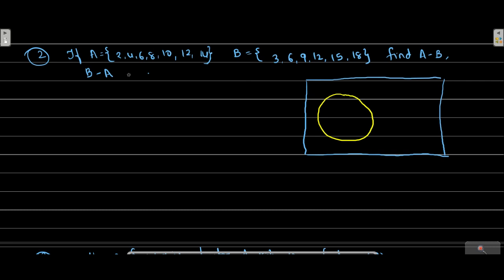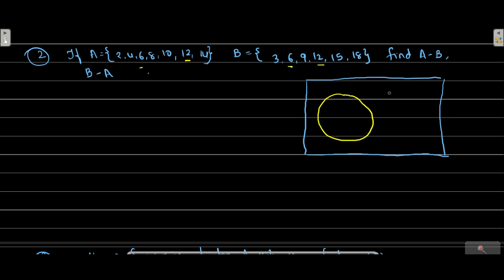Now let us check, are there any elements that are common in these? 6. Here also 6 we have. Then next is 12. Here in set A we have 12, and in set B also we have 12. That's it. We have two elements that are common in these.